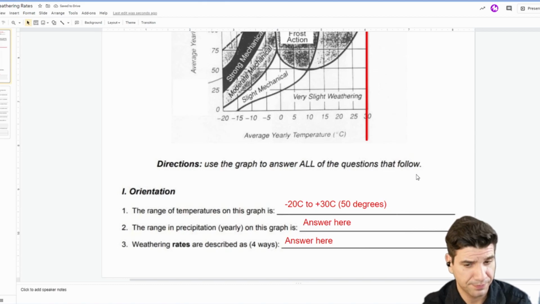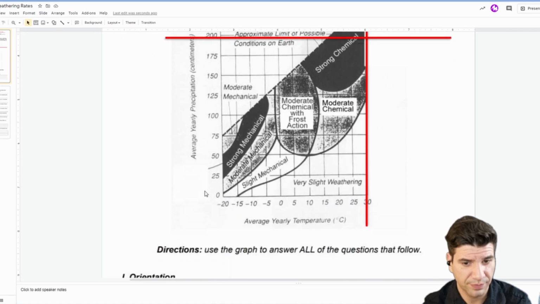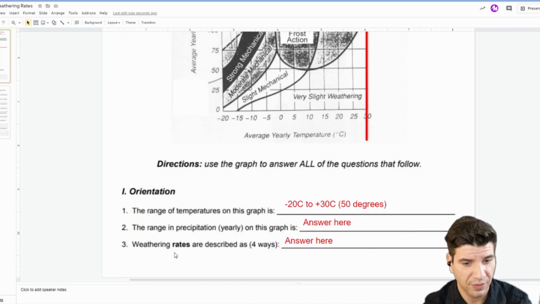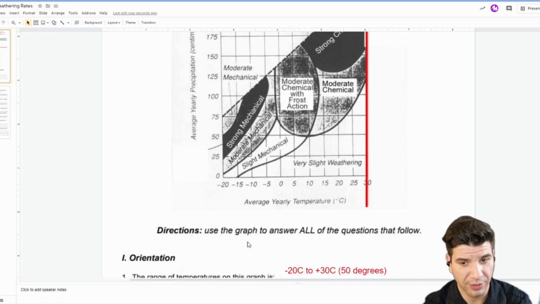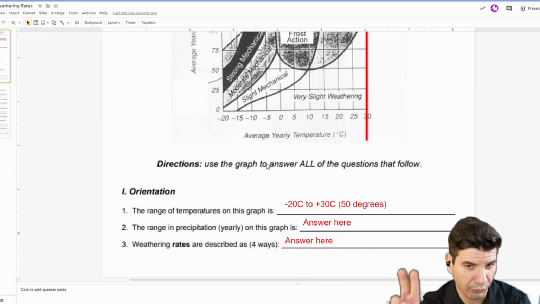Simple as that. Range of precipitation on this chart, I think you guys can do that yourself. The weathering rates are described in 4 ways. I would probably call it more like, instead of rate, the weathering intensity, right? We have slight, very slight, moderate, strong. Those are your weathering rates.